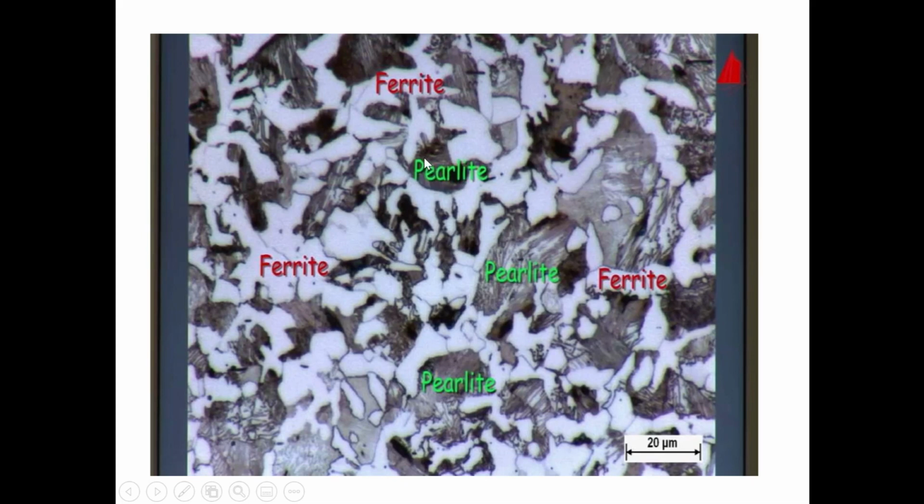This is a sample of orientation where you can observe the pearlite and ferrite, from which we can decide the percentage of pearlite present in a microstructure.